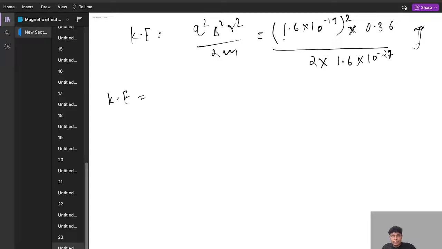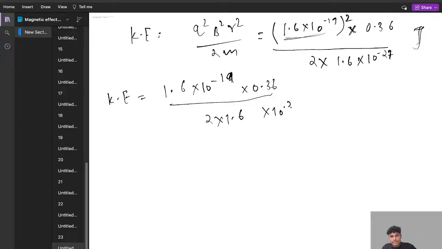If we take 1 electron volt common here, then what we get, 1.6 into 10 raised to power minus 19 into 0.36 upon 2 into 1.6 into 10 raised to power minus 27 into electron volt. I take 1.6 into 10 raised to power minus 19 means 1 electron volt out.